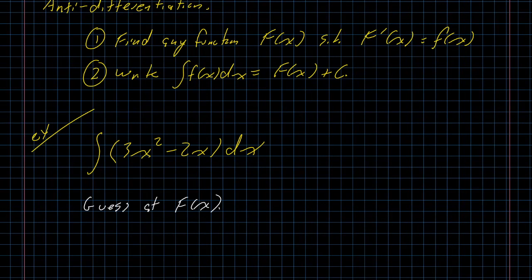And I've got a couple of terms here, right? I've got two terms. So that informs my guesswork. I know that I want to guess something that's going to result in two terms.